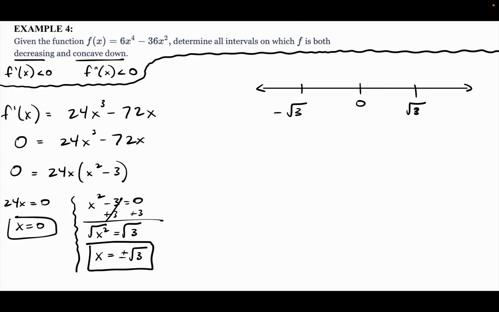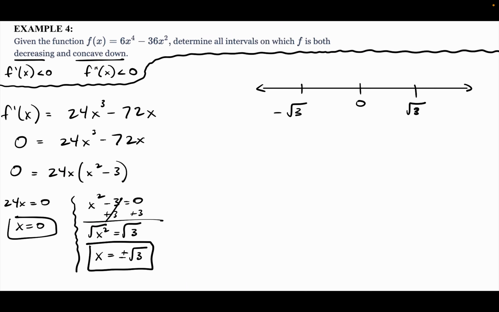Okay, first derivative test. Set the derivative equal to 0. Solve. I get 3 answers. I get the square root of 3, positive and negative, and I get 0. Square root of 3 is between 1 and 2.